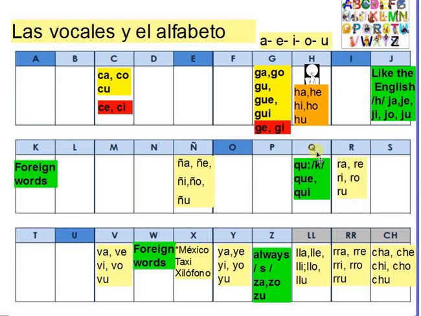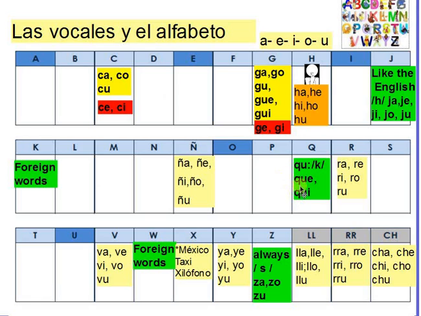Now we have the letter Q. The letter Q will sound like a K sound, but you need to put Q-U-E, Q-U-I. These are the only two sounds that you're going to pronounce with Q: que, qui. And why? Remember, let's go back here to our letter C. The other sounds, ka, ko, ku, you're going to spell with a C. So you go C plus A, C plus O, C plus U. And then you ask, how do I spell ke?